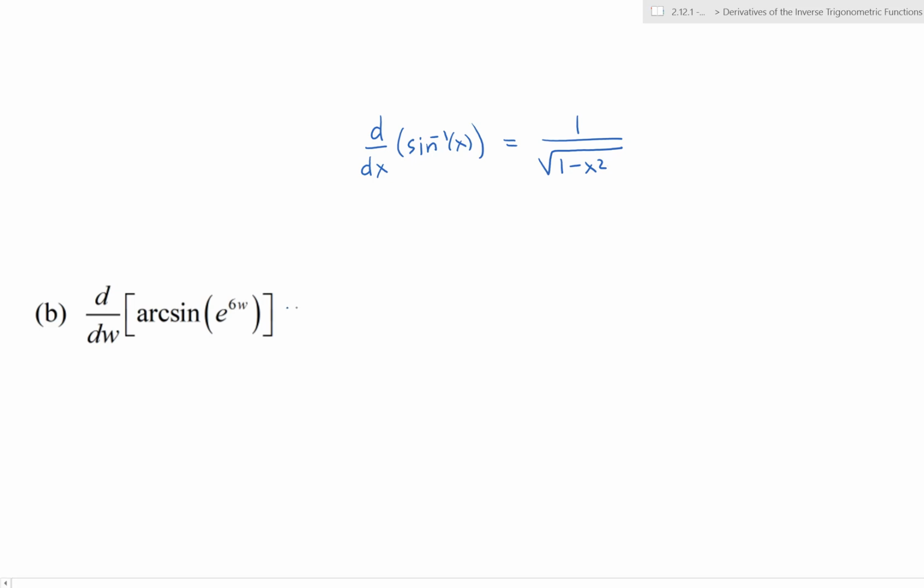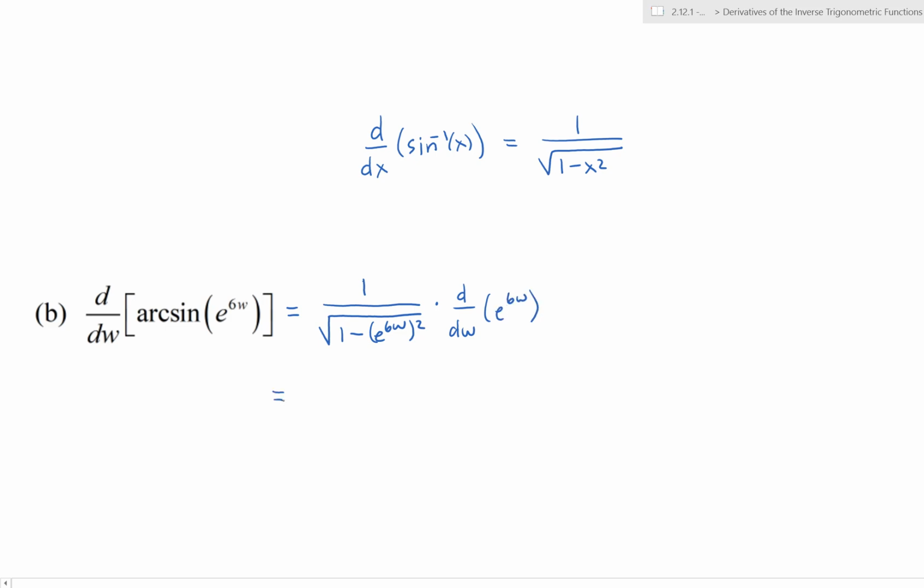And so using that result, this is going to be a 1 divided by the square root of 1 minus e to the 6w quantity squared. But then, of course, chain rule times the derivative with respect to w of e to the 6w.